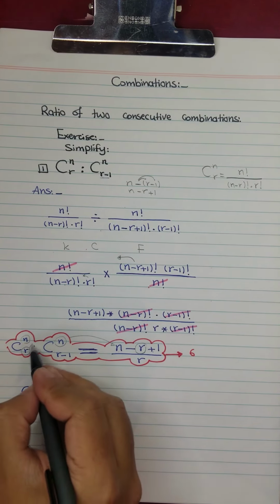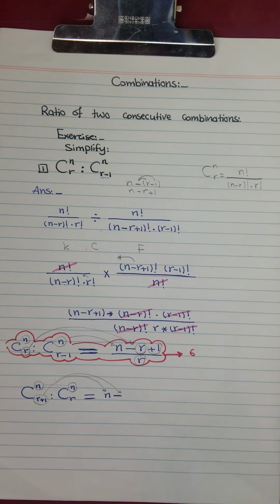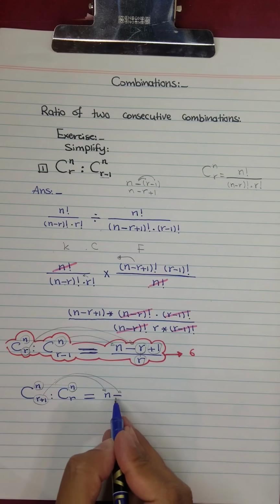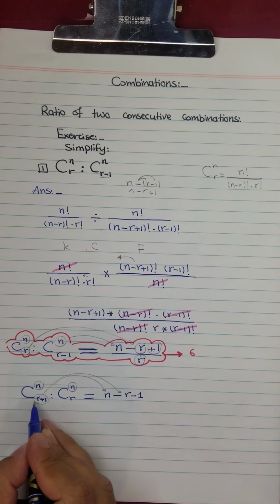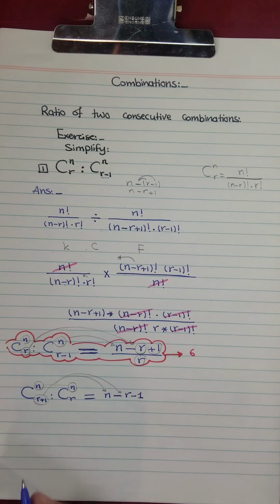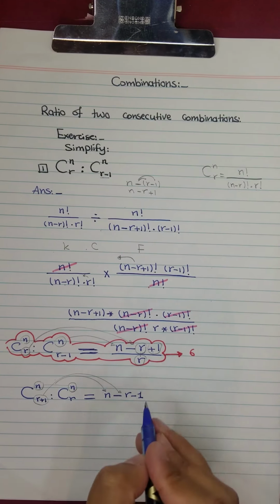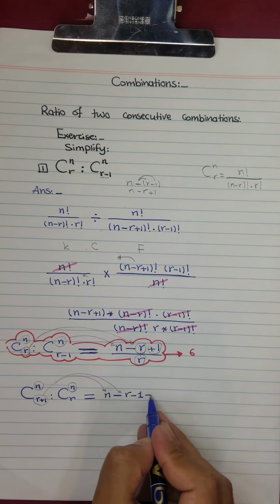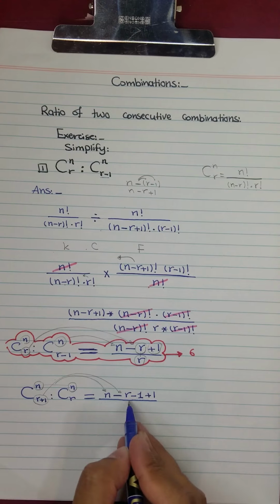You wrote r next, you write r plus 1 next. When you write r plus 1 and there is a minus, this minus is for both of them. So it will be minus r minus 1. Minus times r is minus r and minus times 1 is minus 1. And then you will add a plus 1 over, you will write this one.